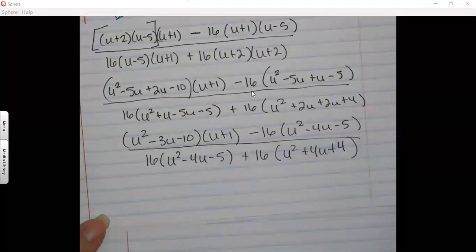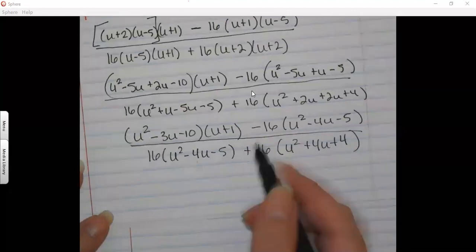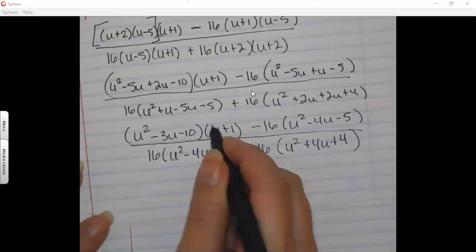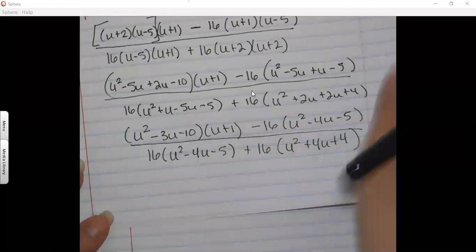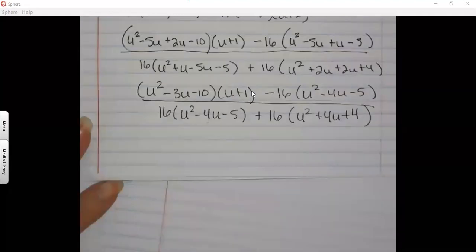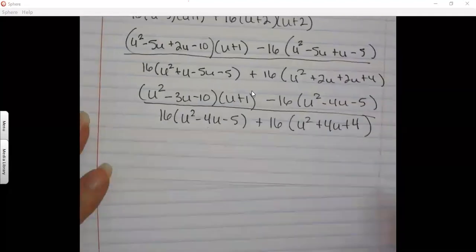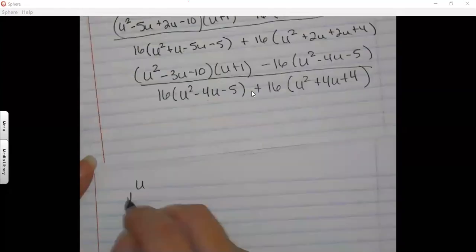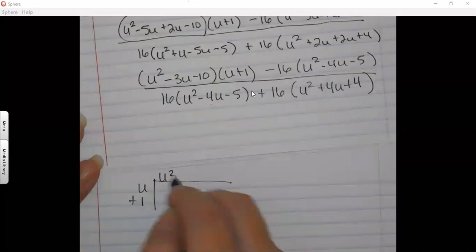My numerator, I'm going to distribute that top left. So let's see. I'm going to do that on the side. I need a whole new piece of paper. I need a little box. So messy.